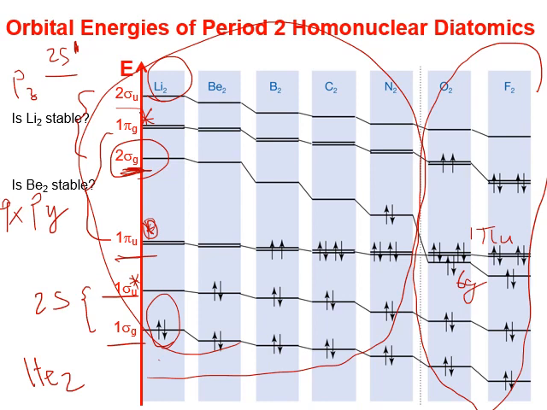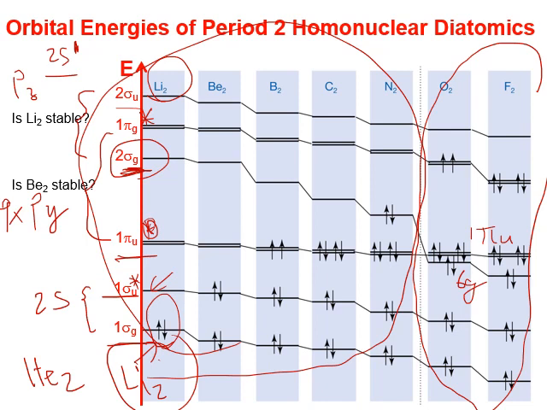Because both electrons are in the bonding molecular orbital and none in the anti-bonding, the molecule gains energy compared to the atomic orbitals. Therefore, when lithium forms the molecule Li2, it is more stable than the atoms, and so the lithium molecule does exist.